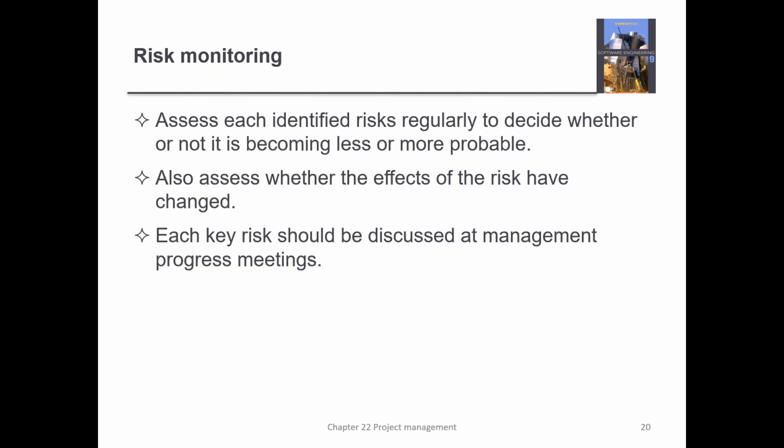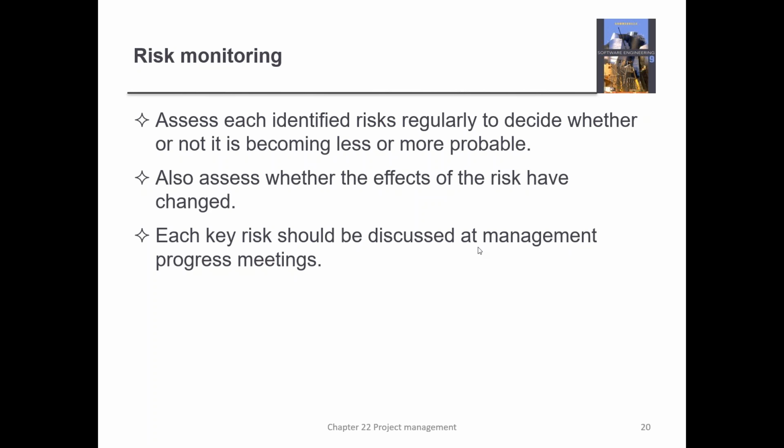You need to take a look at that, and it will mean changes in probabilities. So in risk monitoring, you assess each identified risk regularly to decide whether it is becoming less or more probable. Also assess whether the effects of the risks have changed.